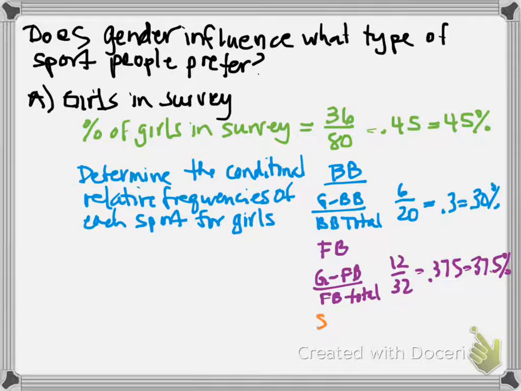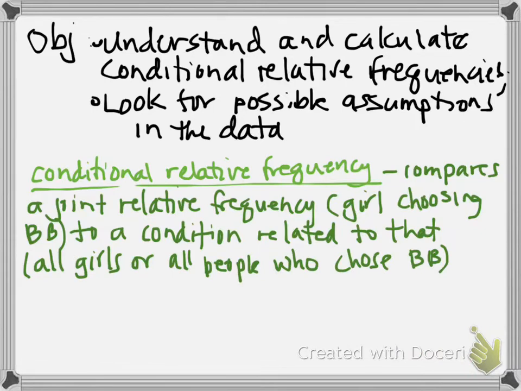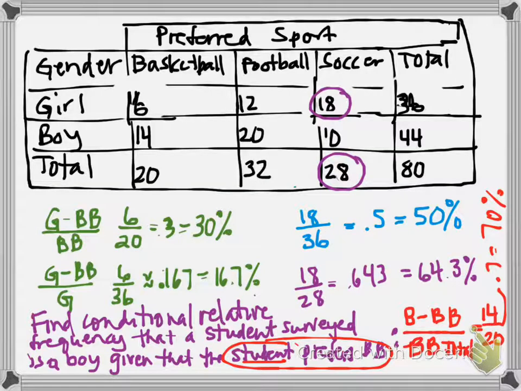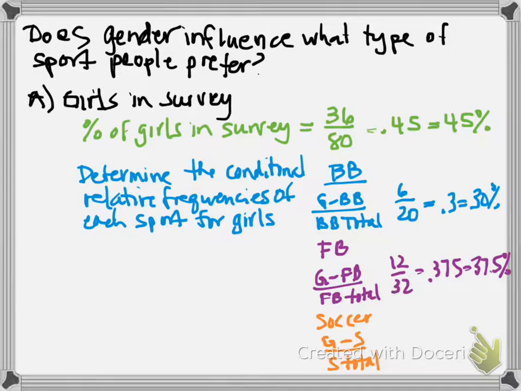Last, we've got soccer. We want the girls who chose soccer over the soccer total. Let's look back in the chart. Girls who chose soccer was 18, and the total people who chose soccer was 28. So we get 0.643, which is approximately 64.3%.